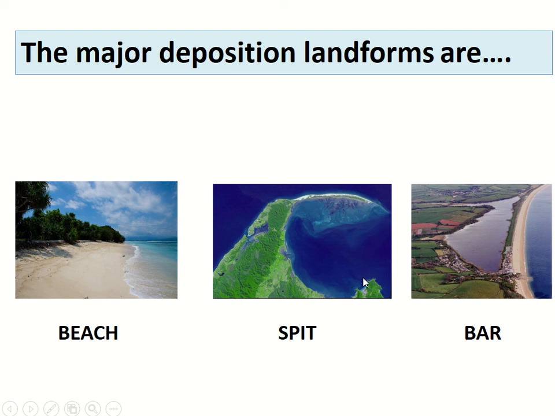So as that material is eroded, it is then transported via longshore drift, it is then deposited to make these new landforms. And I think that's a really important thing to fully understand when it comes to this topic in particular.